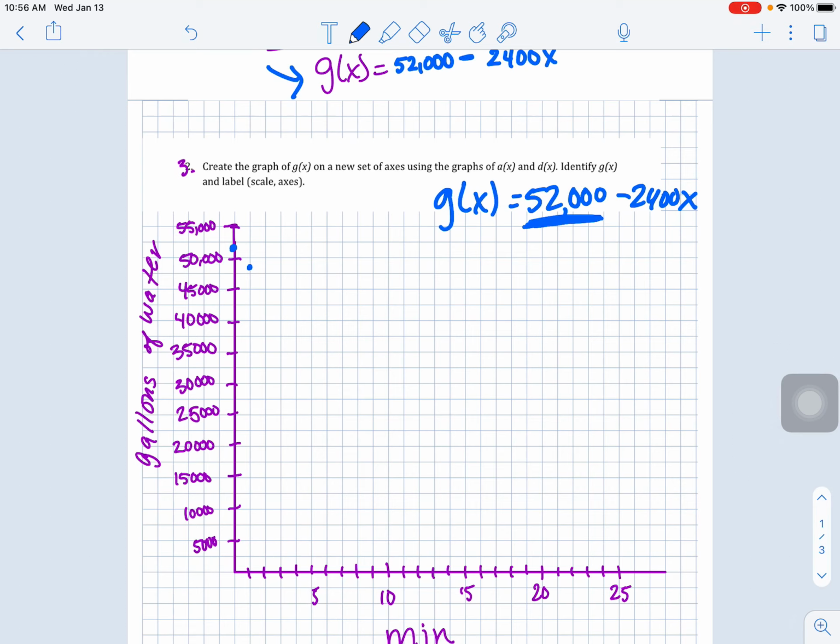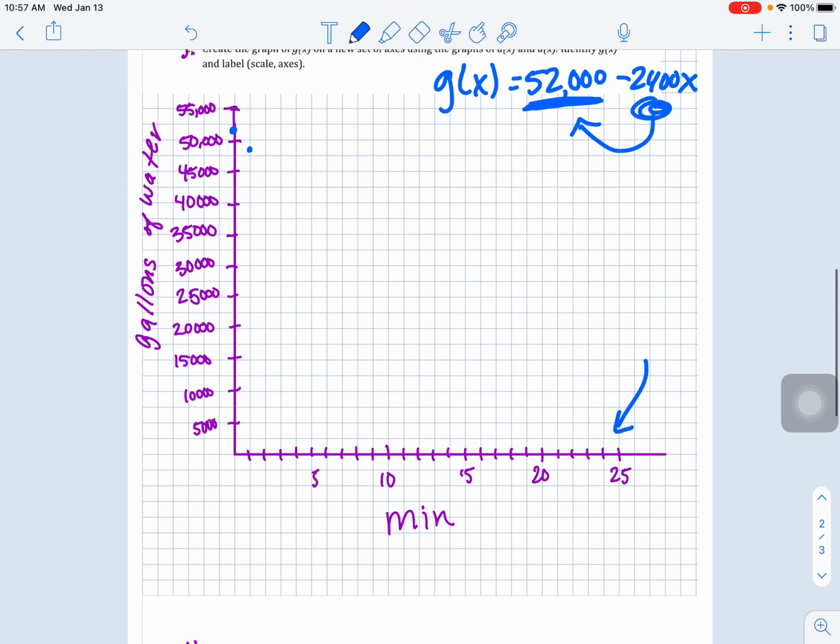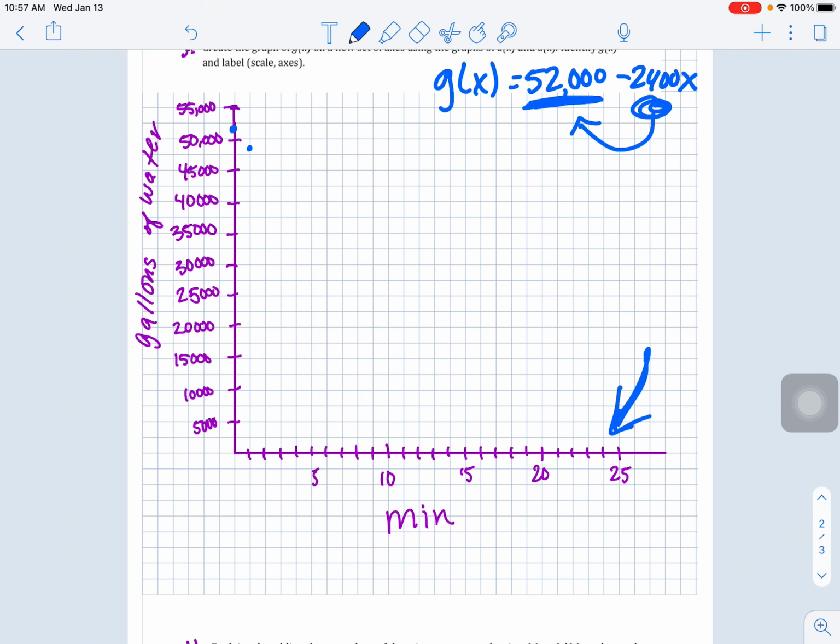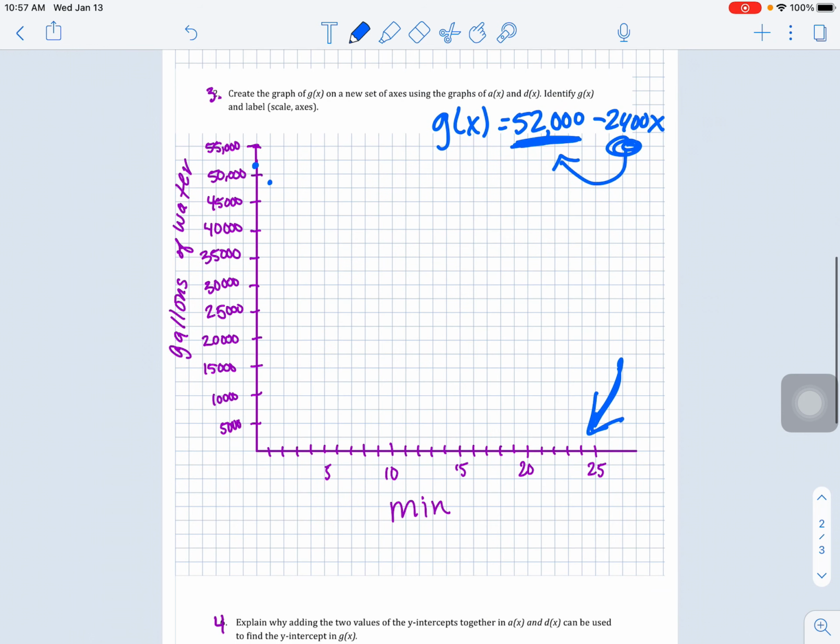You're going to figure out how long it takes them to get to 0 gallons, because that is where you land on the x-axis. How many times does 2,400 go into 52,000? If you do that division, it'll tell you how many minutes it takes until the pool is empty. So you're going to work on creating that graph.